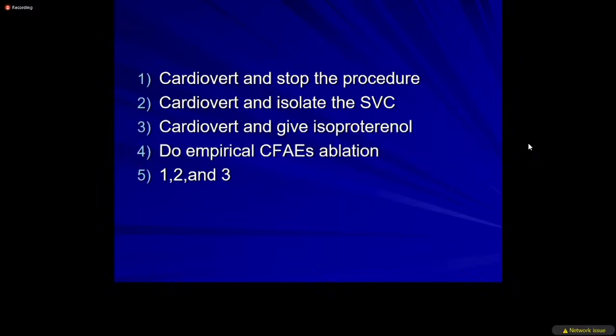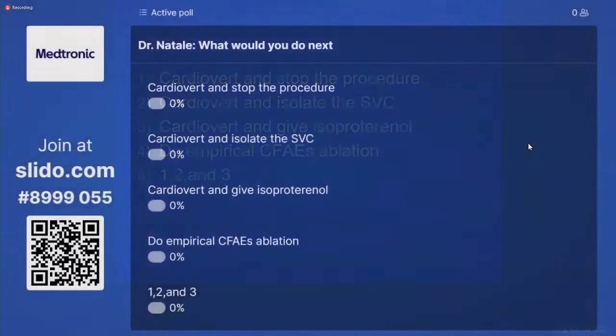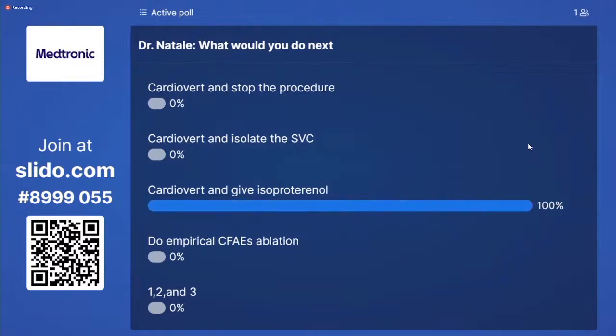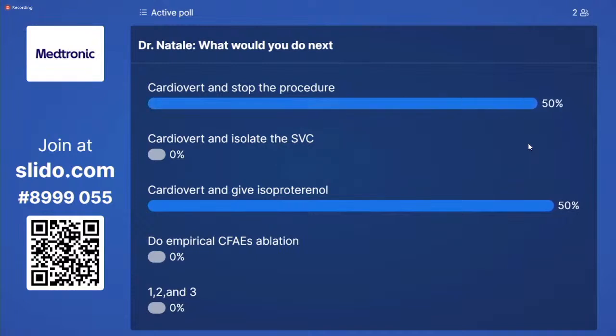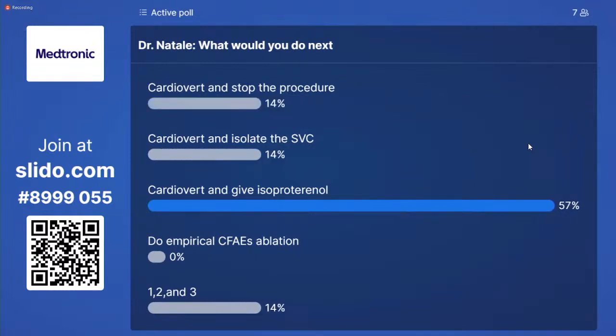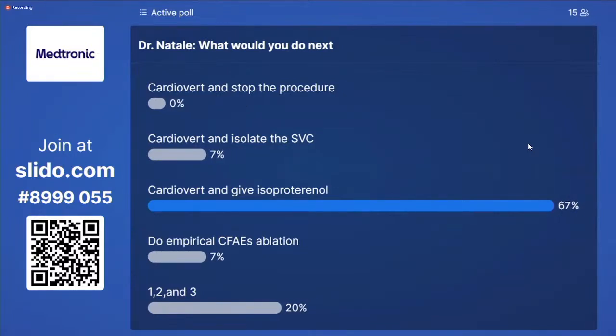Then I'll give you this option. Okay, so good. It looks like the majority are going.